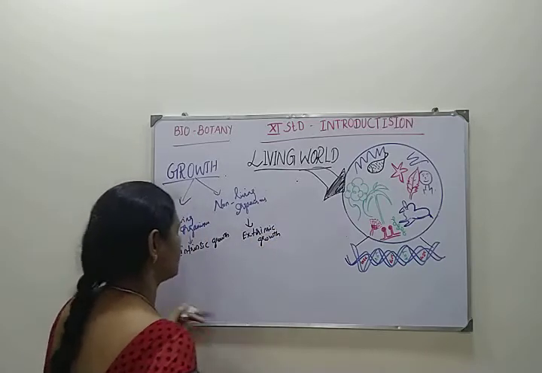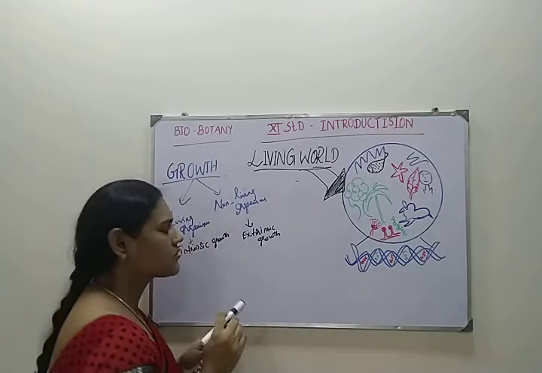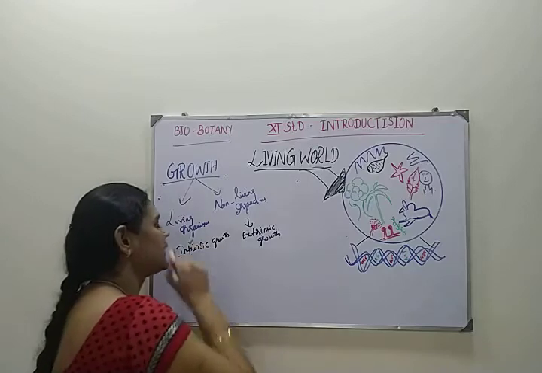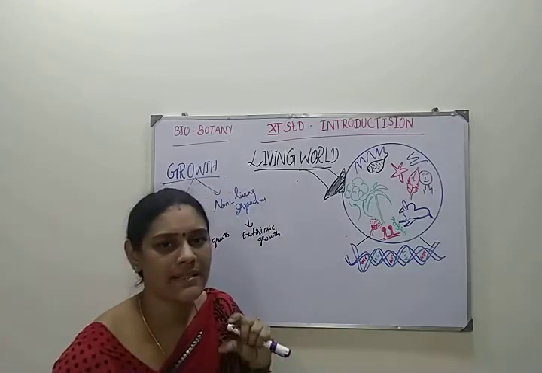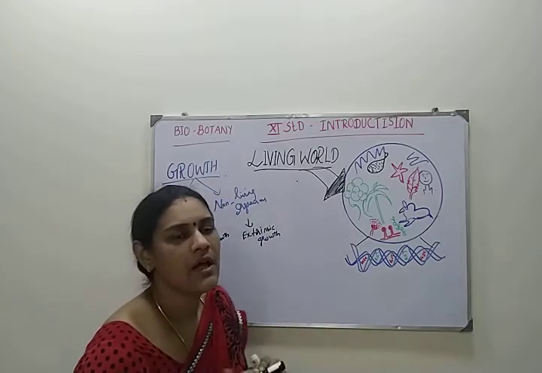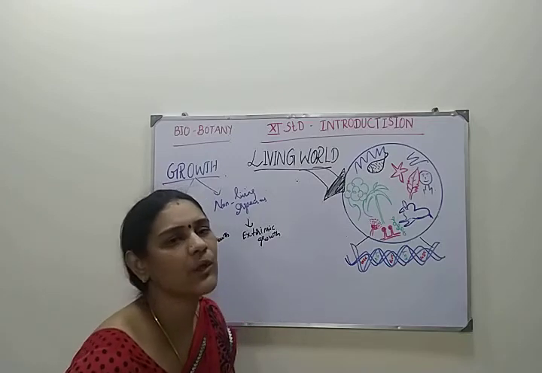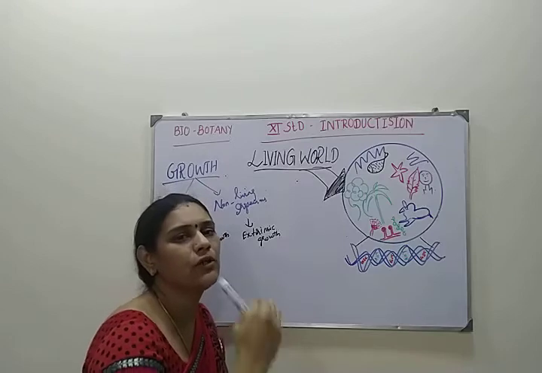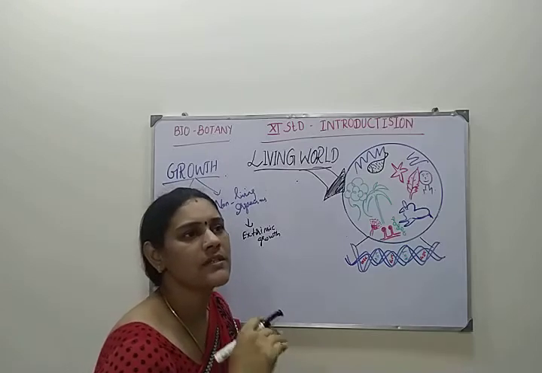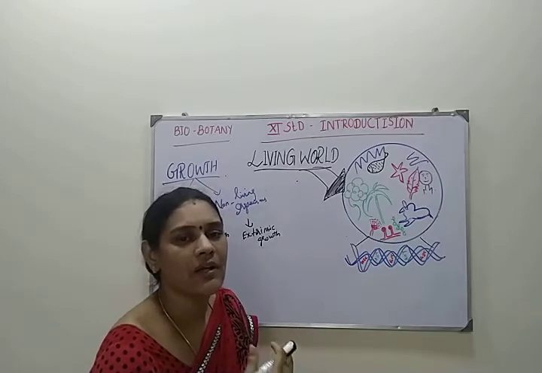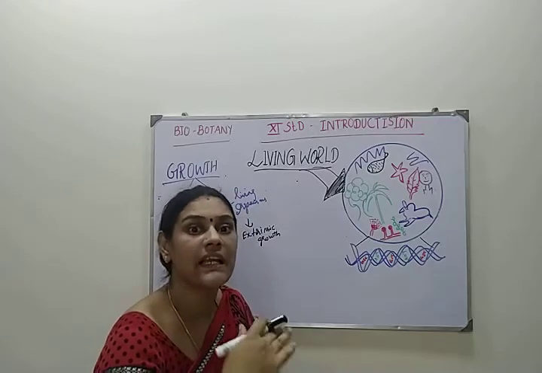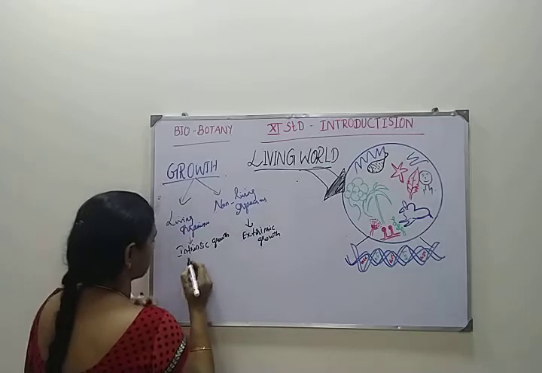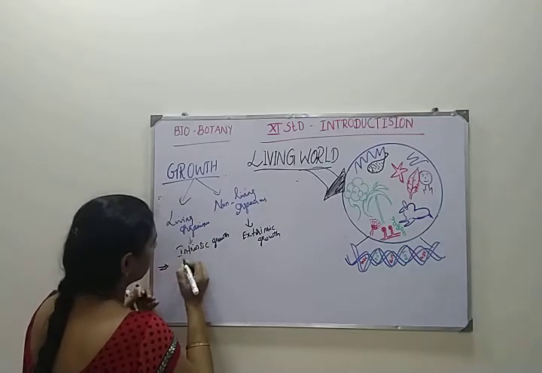It is just a small matter. Intrinsic growth means that today this plant size is just 10 centimeters, but after one week or 5 days it will go up to 10 to 15 centimeters. So its cells get increased, in number as well as in mass.